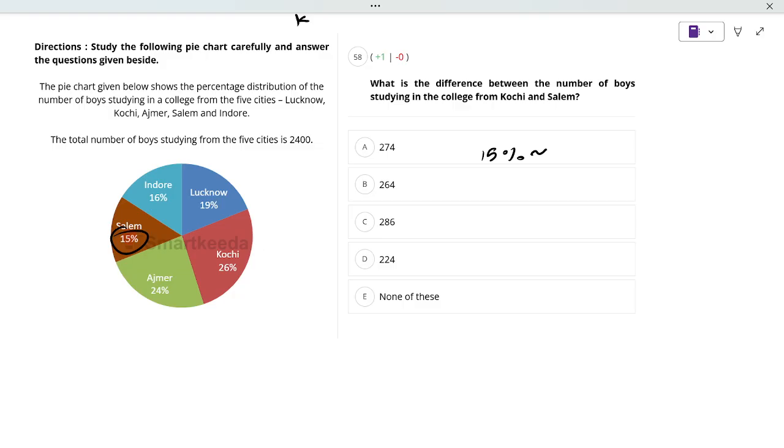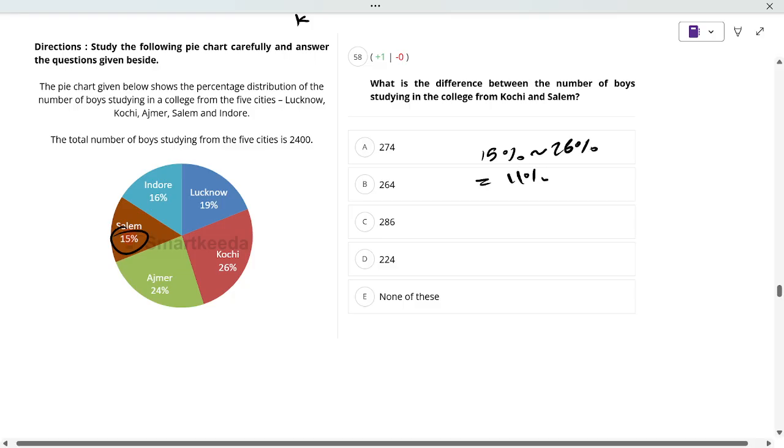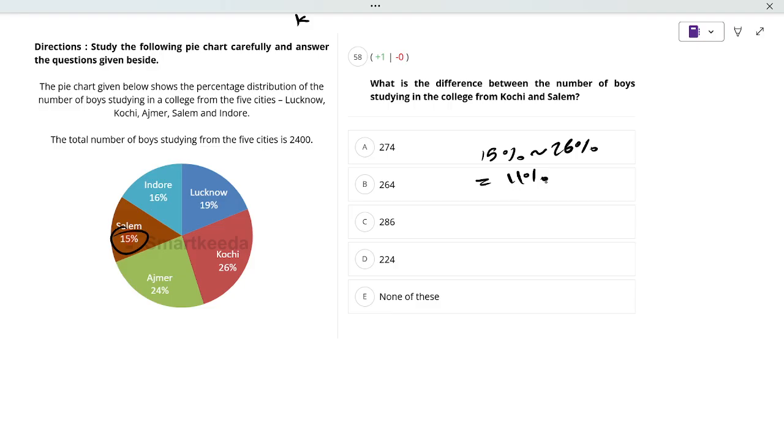That's the difference. And then Guji we have 26%. So if we take the difference, definitely we're getting 11% in terms of minus, but since it's difference, we're just taking it in terms of positive. So 11% of the total, which is 2400.